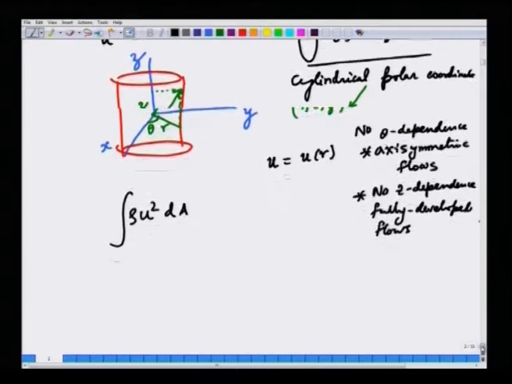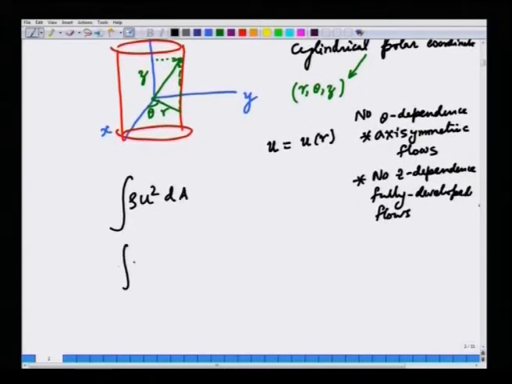Okay. So, essentially we have to do the integral of rho u squared, where u is now a function only of r. So, let us write it as u(r) whole squared. Now, dA is nothing but, in polar coordinates, r d theta dr. This is the area element in polar coordinates.